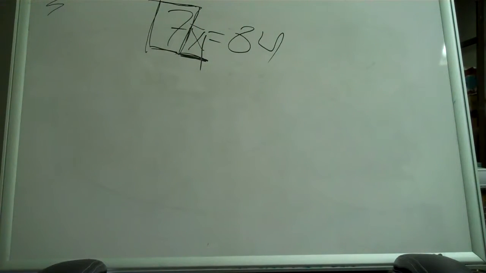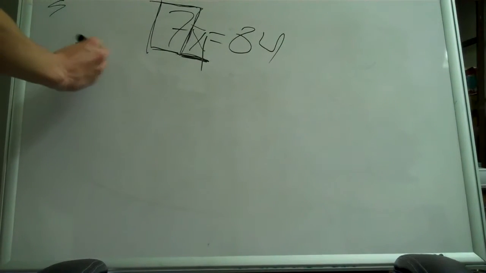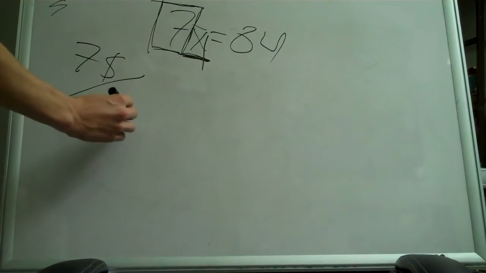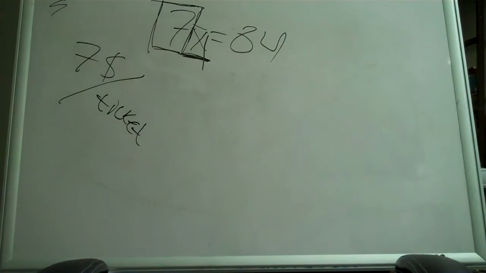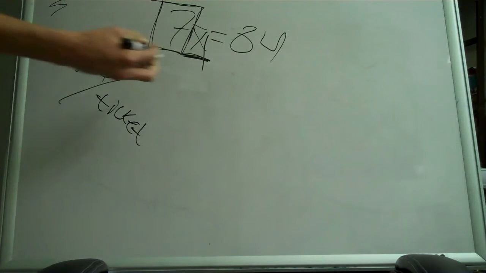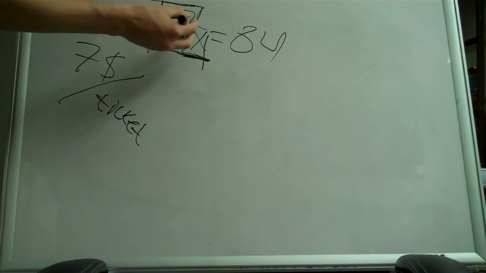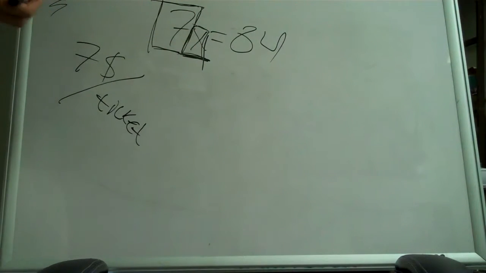So let's say some kid is wanting to go to the fair and he wants to see how many tickets he can buy. And think of 7 as $7 per ticket. So that basically means per person it's $7, right? So x can be how many people can go, right?